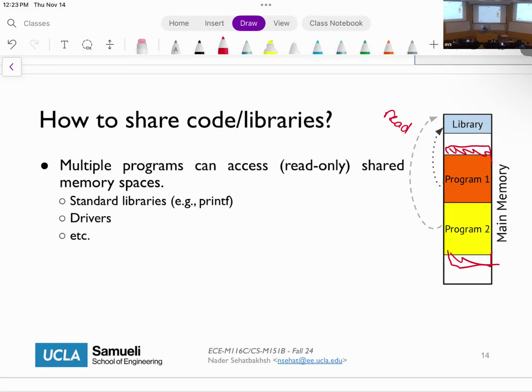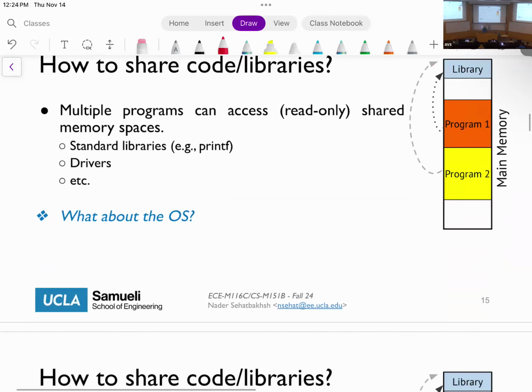But you can obviously call them and use them by passing numbers and all those things, okay? Drivers are the same idea, interrupts and interrupt service handlers, all those things. Essentially, these are services typically provided by the operating system. They're all part of your libraries that can be shared, okay?